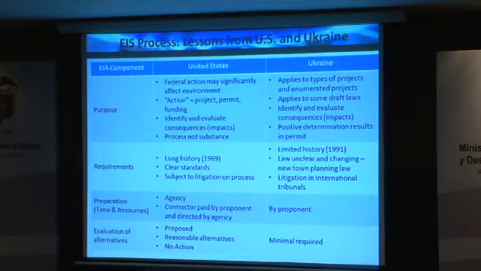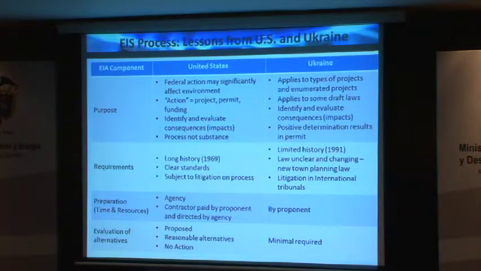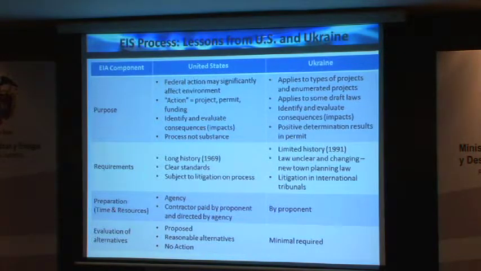So in the United States, if there is a project being done that has no government involvement at all, it could be quite a large industrial development, but if it has no funding, no permits, whatever, which can be unusual, that would not require an environmental impact statement in the United States. In Ukraine, their impact analysis also applies to draft laws, which I thought was interesting.